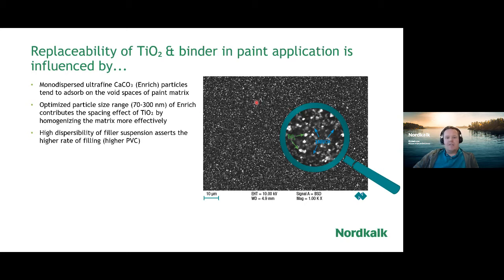So as we have these ultrafine calcium carbonate particles, Enrich particles, they can go in between the spaces. We have the titanium dioxide here, the bigger white ones, and the really small Enrich particles, which can go in between the titanium dioxide particles.